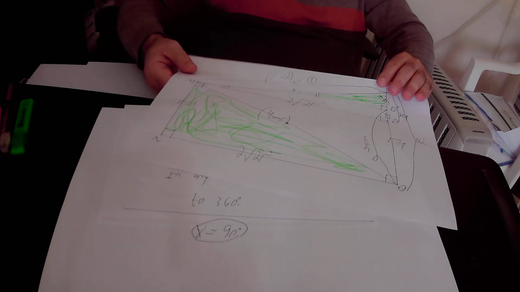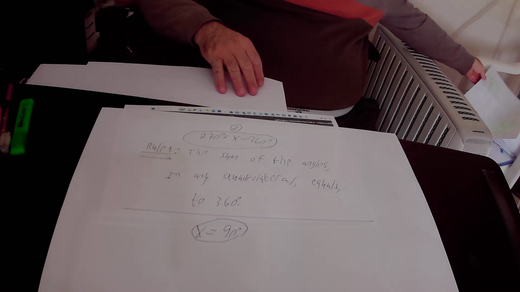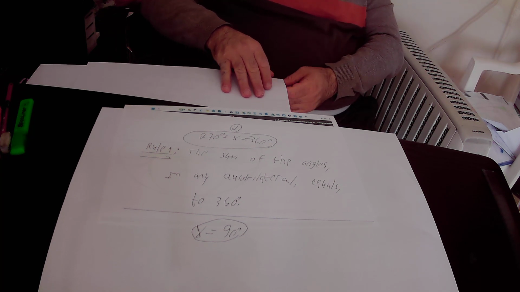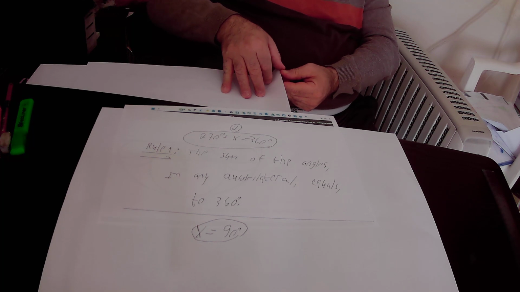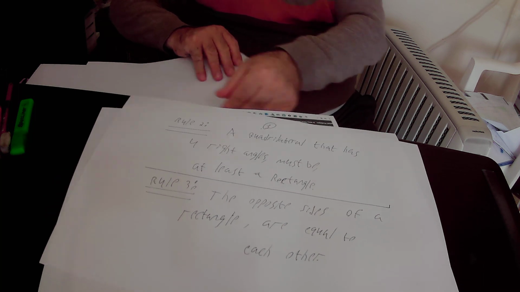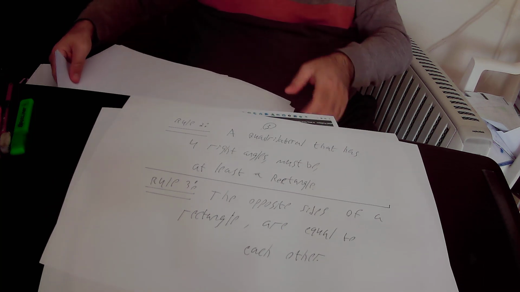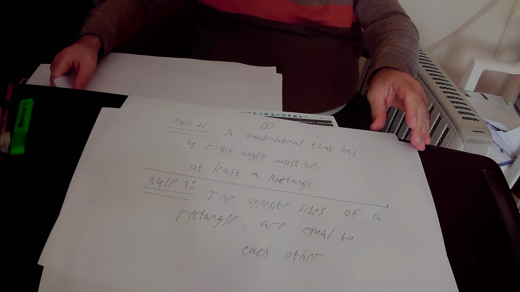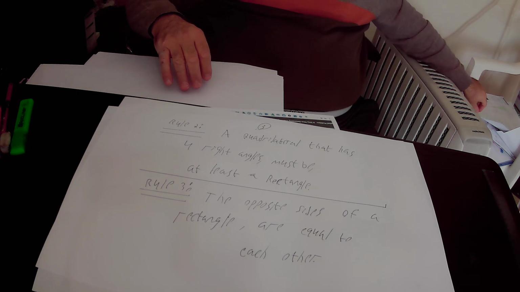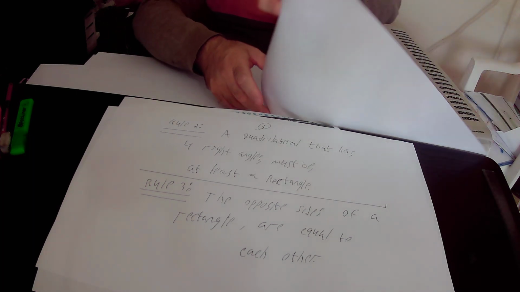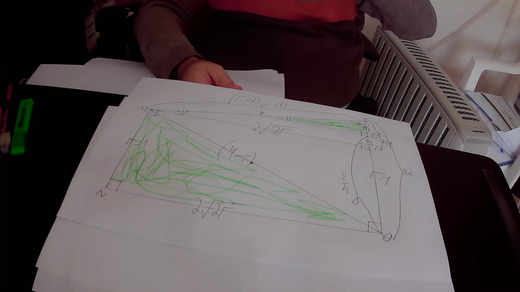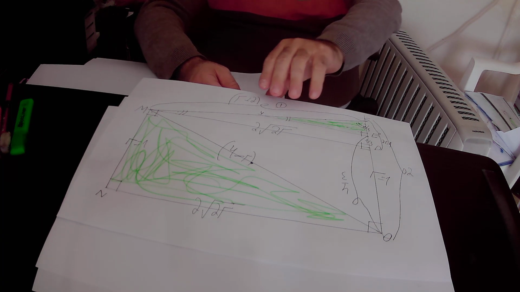And we have a rule, rule number 2, which states that according to rule number 2, a quadrilateral that has four right angles must be at least a rectangle, if not a square. And because quadrilateral MDON has four right angles, it must be at least a rectangle, if not a square.